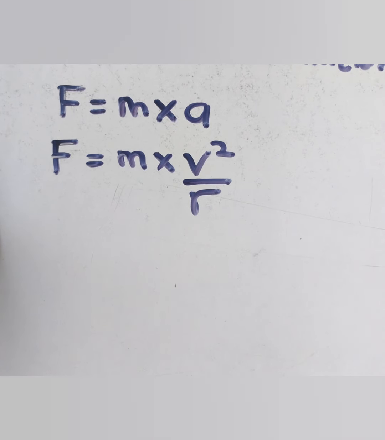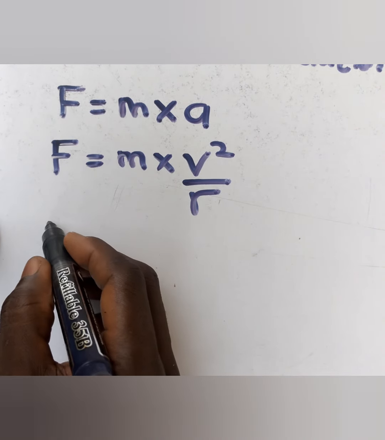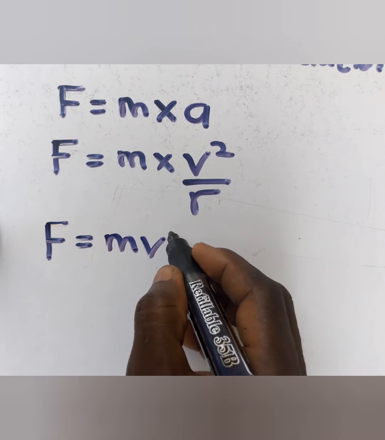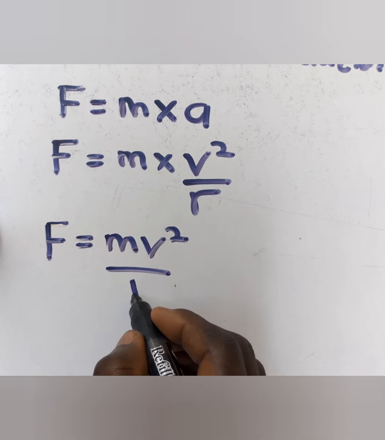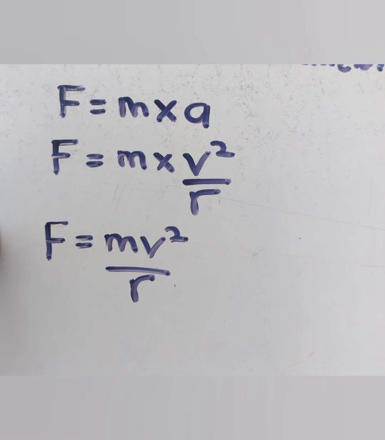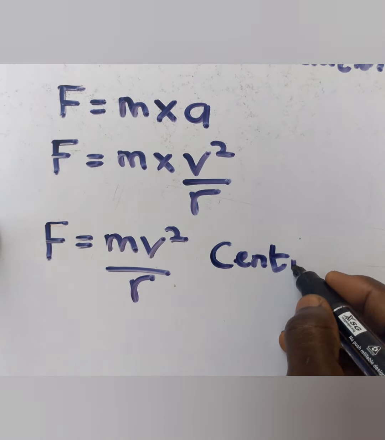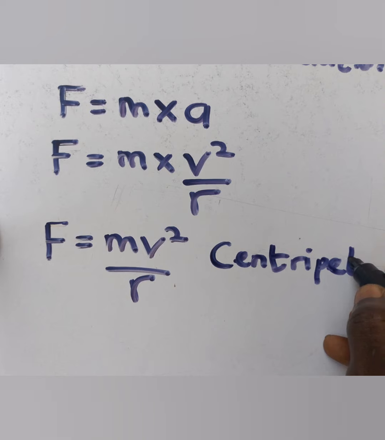From there I can write that my force is equal to mv squared divided by R. Now take note that this force is called centripetal force.